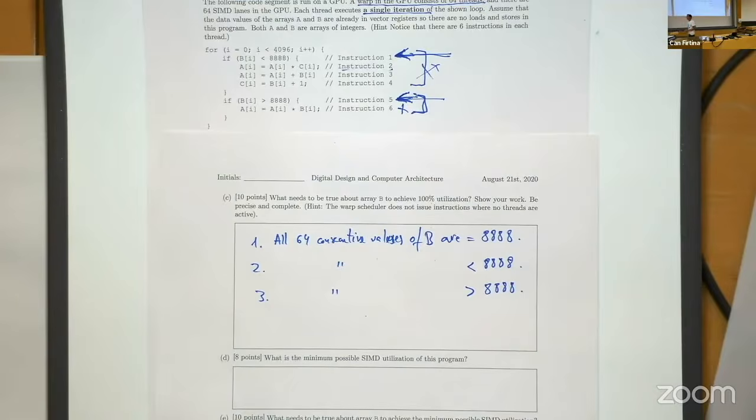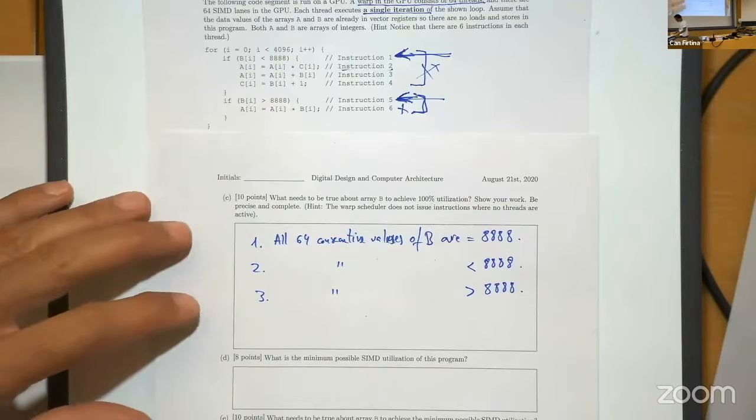Make sense? Of course, if you check the code, you'll see that for each of these 3 possibilities, the total number of executed instructions is different. But we are not measuring the number of instructions. We are measuring the utilization, and we average the utilization over the entire execution of the program.